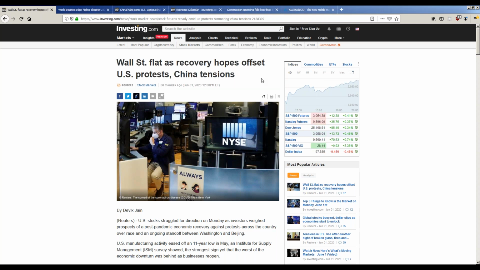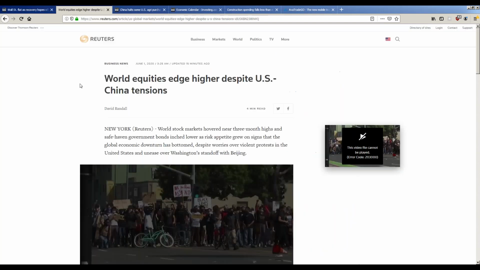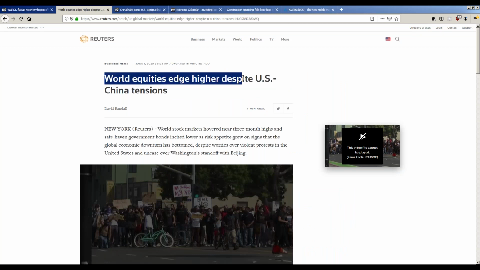So we get the idea here: mixed news, some fear, and also some hope for recovery in terms of investors and especially the equities. And here's a headline: world equities edge higher. By equities, if you don't know what that means, we're talking about the stocks, the indices, for the most part.